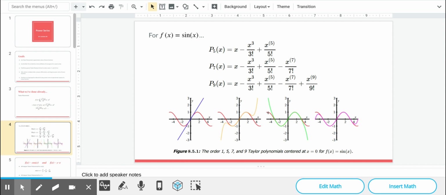The higher the degree of the Taylor polynomial, the better; this last one is a 9th degree Taylor polynomial, and you can see that it really starts to show that sine curve. It eventually pulls away right down here and up here, but for a lot more of x than before, it follows the curve pretty closely.